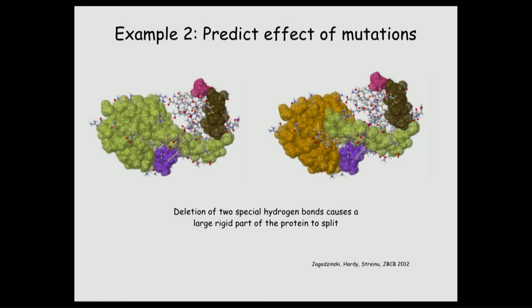This is another application where we performed a mutation that changed the number of hydrogen bonds, and that split this big cluster into smaller clusters, meaning that there is more flexibility here. Again, it's a functional change that was captured. It's an effect of the mutation that led to a functional change, and that's what we can infer by this kind of analysis.